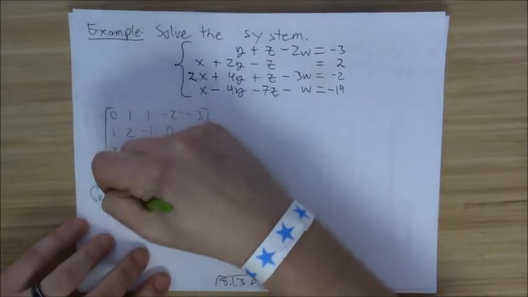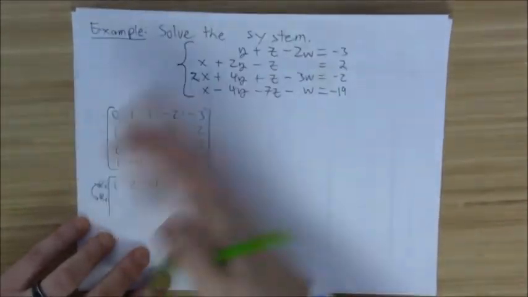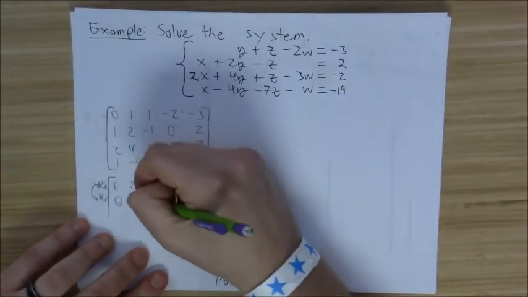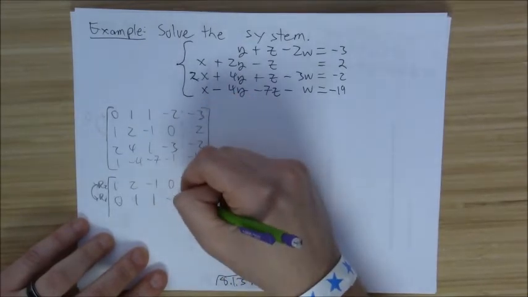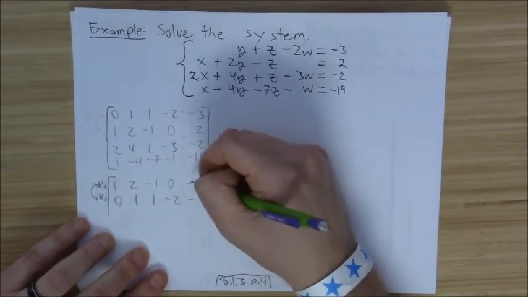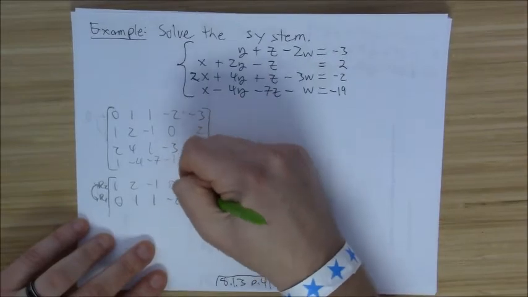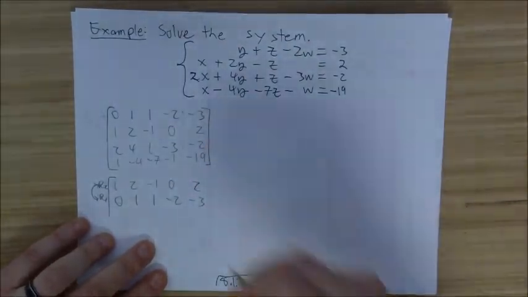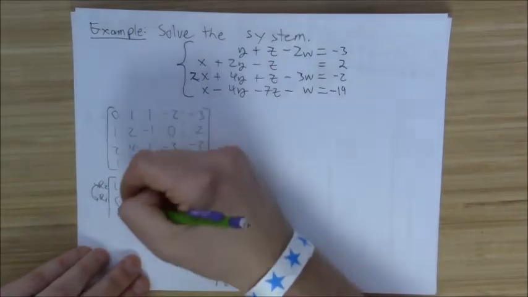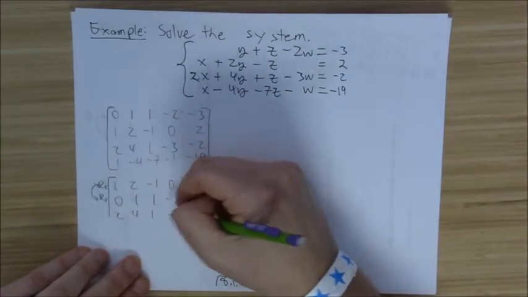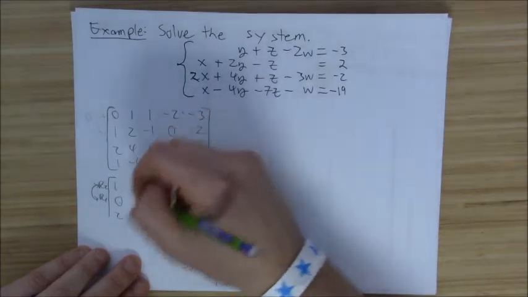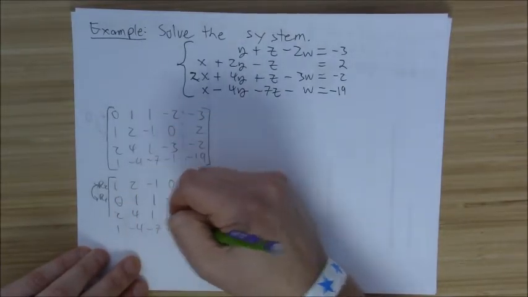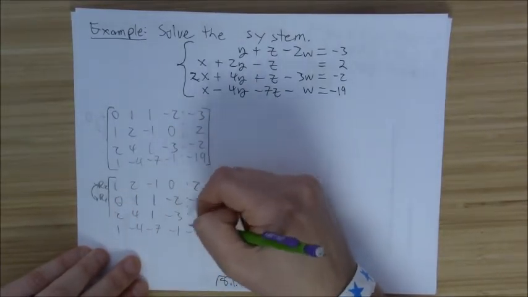I did the 3rd row. So, 0, 1, 1, -2, -3. So this would be +2. All right, now I'm on track. The other rows will stay the same. So 2, 4, 1, -3, -2, and then 1, -4, -7, -1, -19.